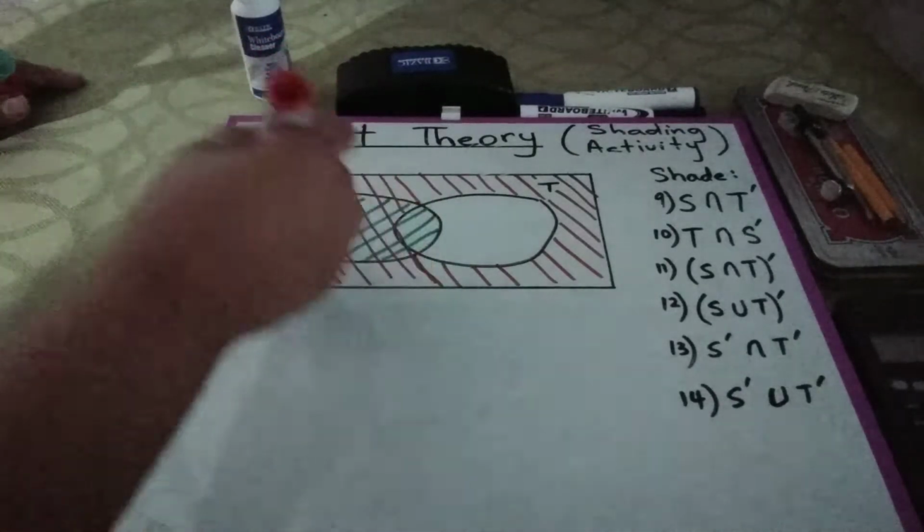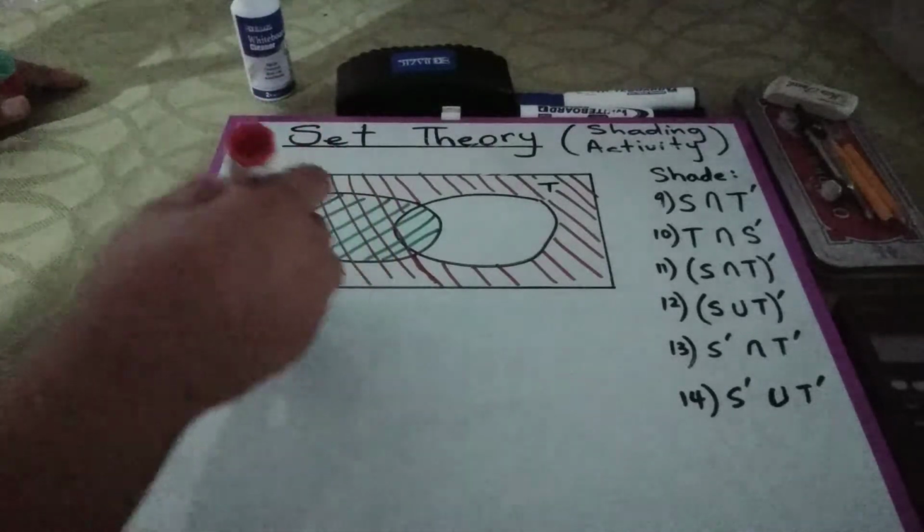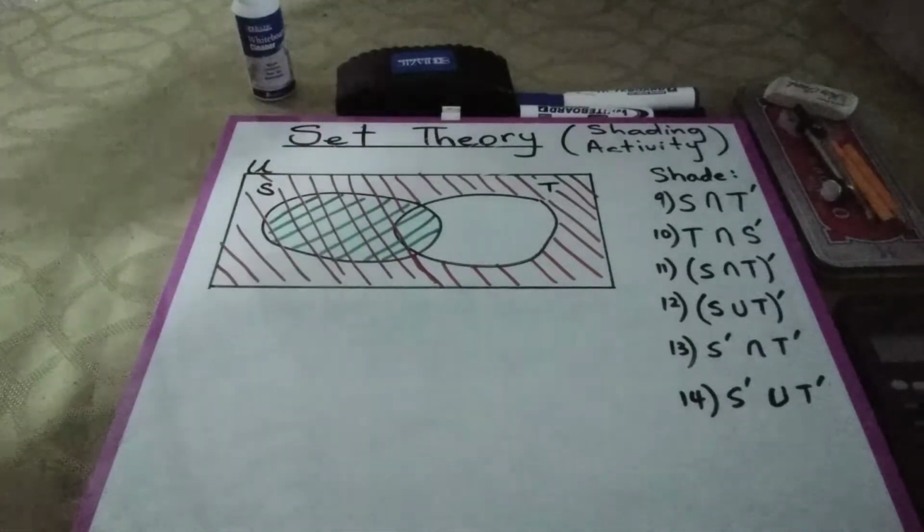Where we see two different colors crisscross, that is where the answer is.